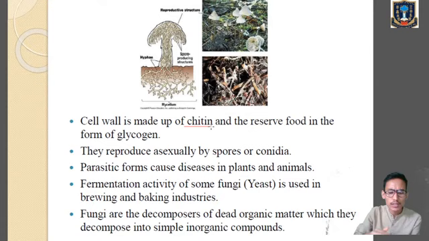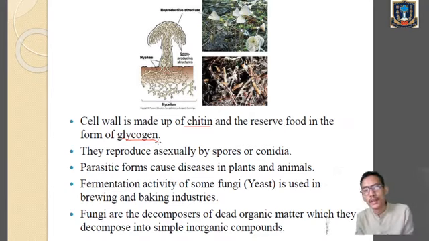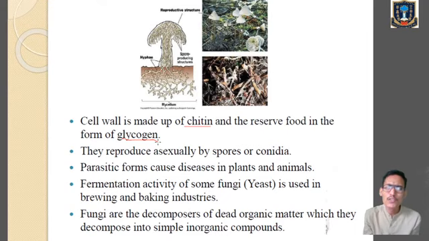The cell wall is made up of chitin, and the reserve food material in case of fungi is glycogen. Listen carefully. The cell wall in case of fungi is made up of chitin. Clear? Then the reserve food material present in fungi is mainly in the form of glycogen. Now what is glycogen?